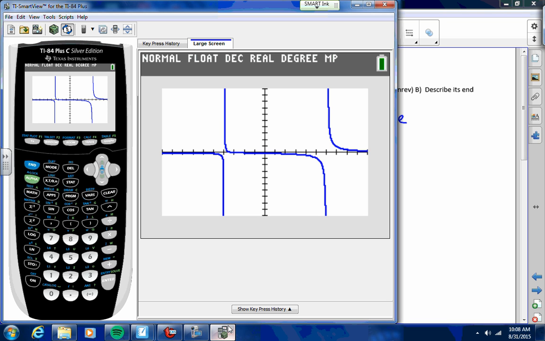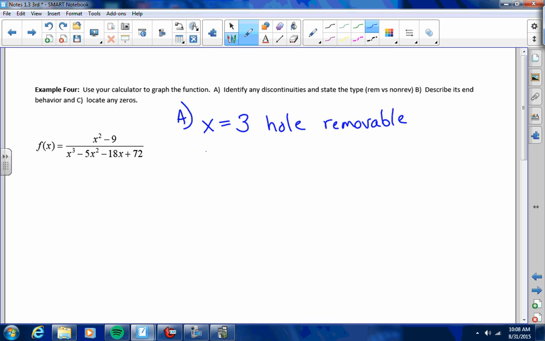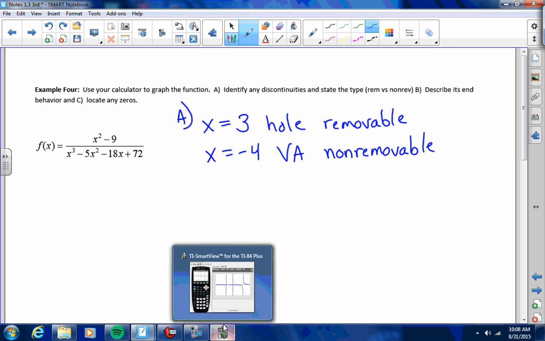Okay, let's go Shanae. Do we have another discontinuity? At x equals -4, we see a vertical asymptote, and you said that is non-removable. Excellent. And let's go with Sophia.